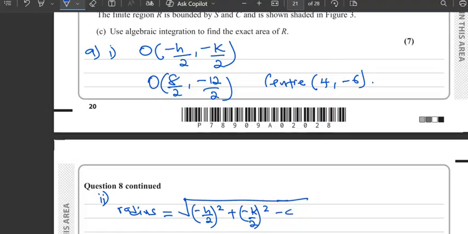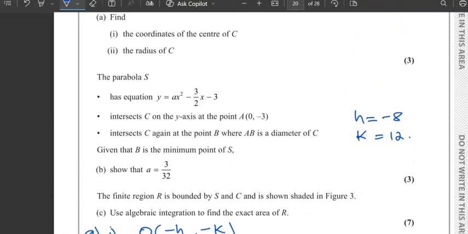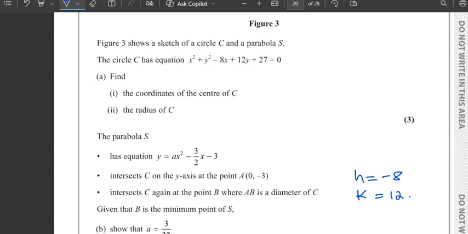And in this case, c is just the constant in the equation of the circle. Going back to what we have, the constant in this case is 27. So this is the value of c.